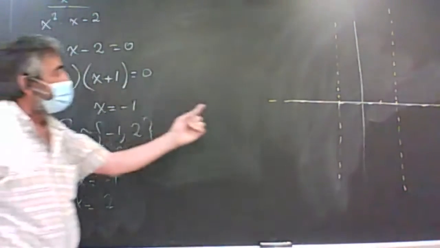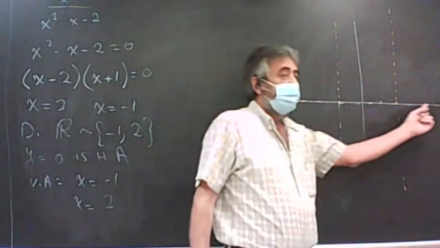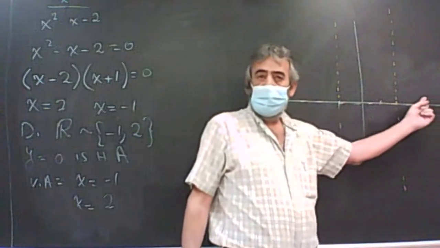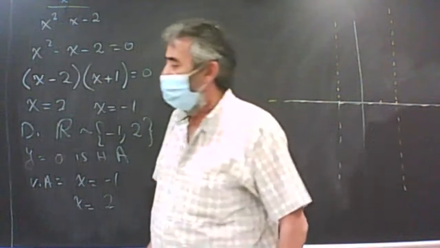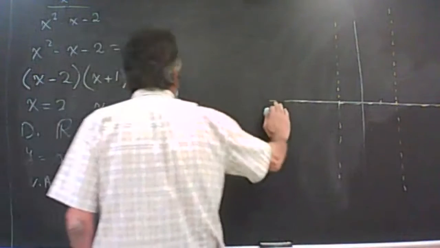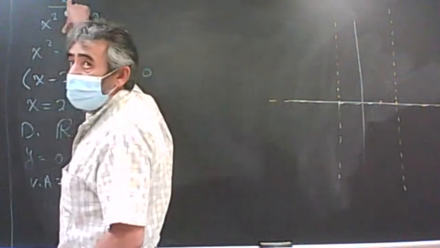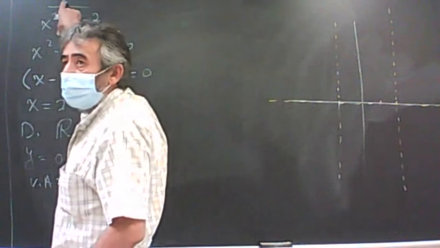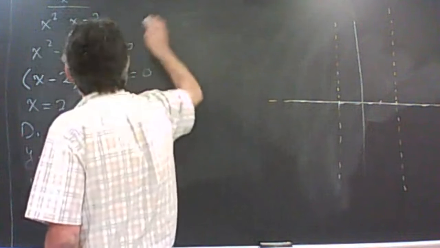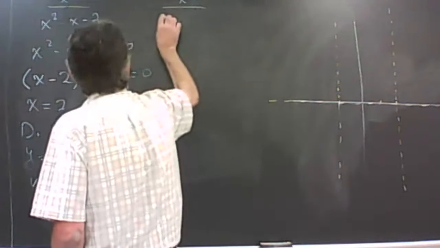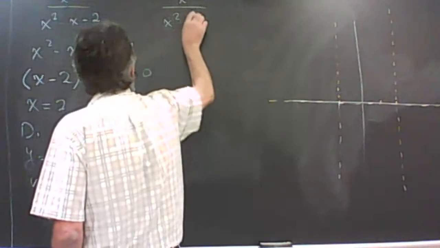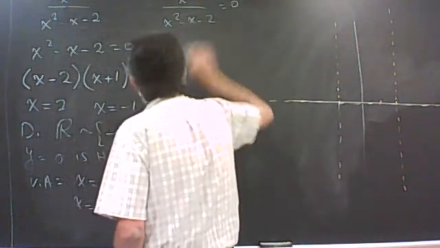Now, is the graph going to ever cross this line? Let's see. In order for the graph to cross this line, that means there will be a time when this is equal to 0. Yes? Let's put it. X over x squared minus x minus 2 equals 0.